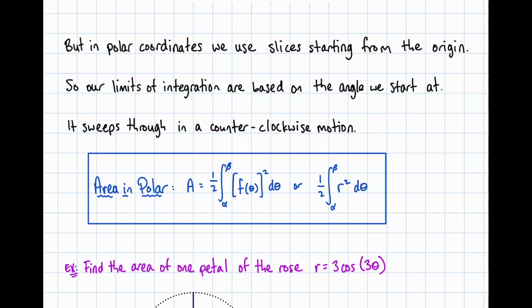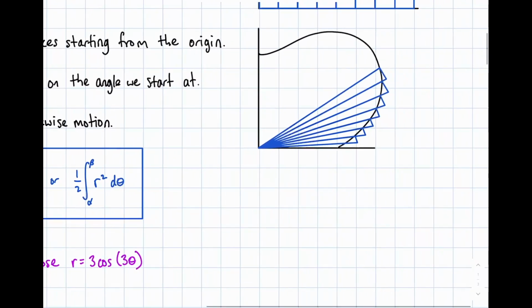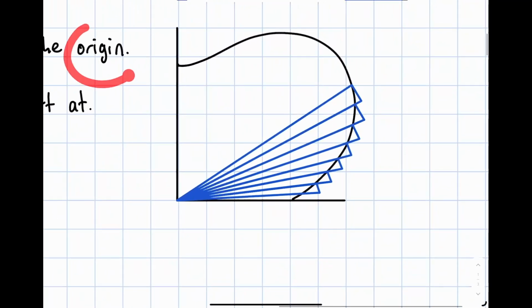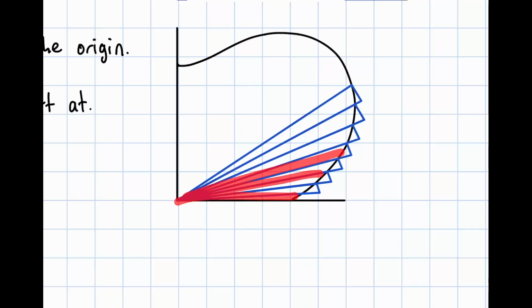So instead of looking at things in terms of x and y, we look at things coming out from the origin. I drew some examples here of these triangular shapes. We don't really care about the triangle too much, but what I want to focus on is that we start from the origin and we go out to the curve.